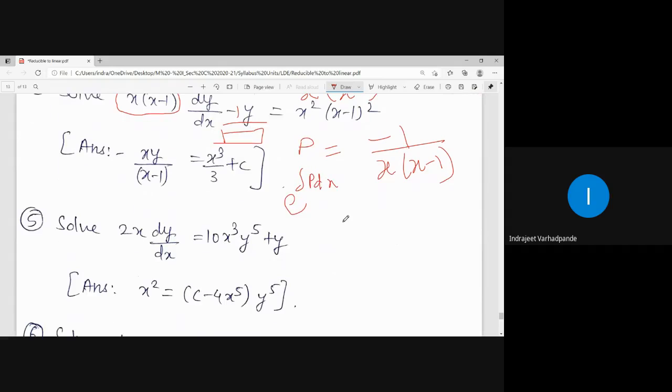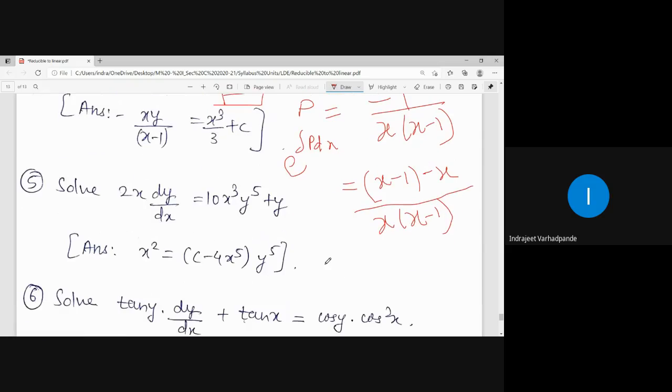So x minus 1 and then minus x, over x into x minus 1. I hope we have not changed the problem. And now it can be 1 upon x minus 1 upon x minus 1. Is this the correct way?